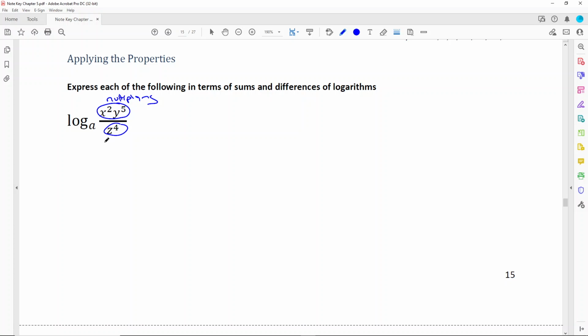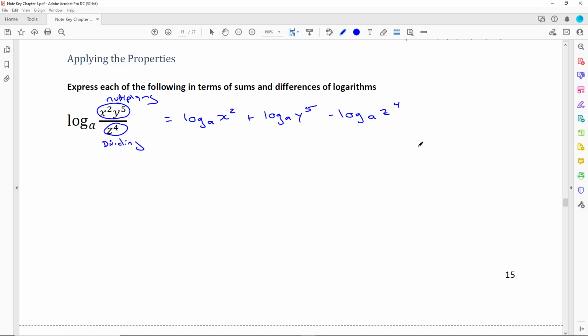Anything on the bottom is dividing. So to keep this simple, anything on the top we add, anything on the bottom we subtract. So this will be log to the base a of x squared plus log to the base a of y to the 5 minus log to the base a of z to the 4. And that's as simple as that.